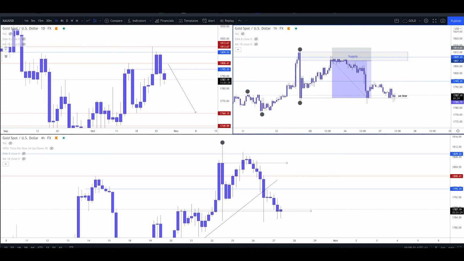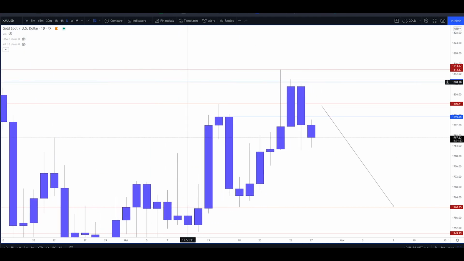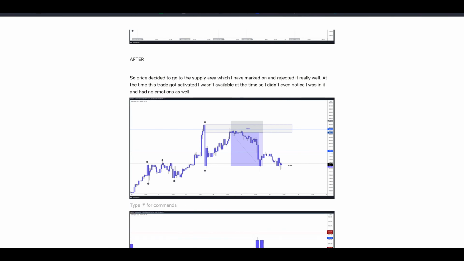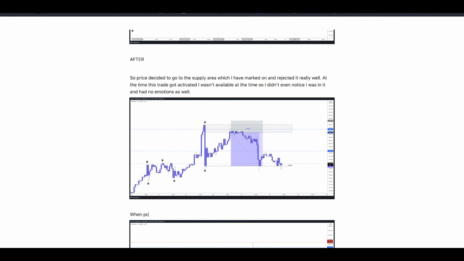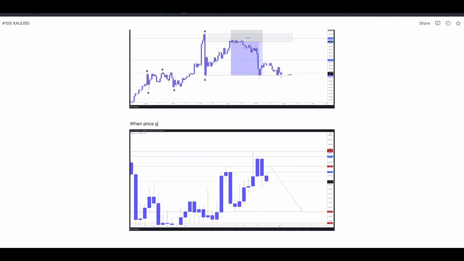So let's go to Notion. Make a screenshot of this. When price got to the daily support area, I got emotional and took off two positions.